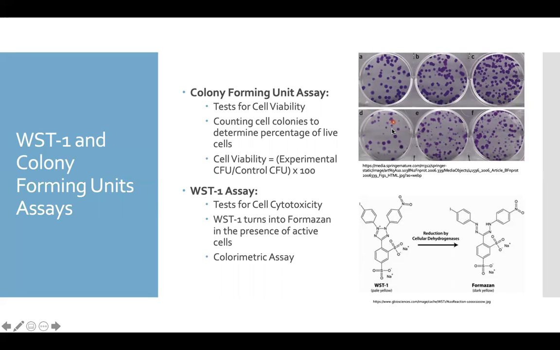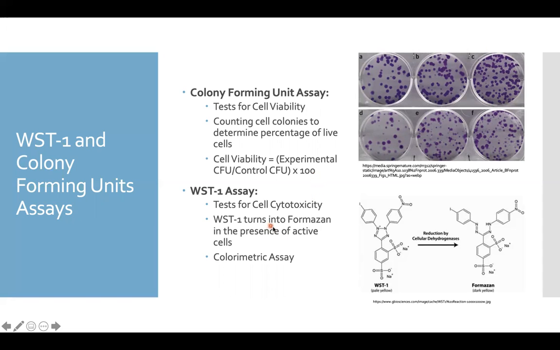As seen on the right, the colonies are shown, and the top row is the control that was not exposed to the supplement, and the bottom row is the set that was exposed to the supplement. The cell viability is calculated by taking the number of cells from the experimental group and dividing that by the number of cells in the control and multiplying that by 100.